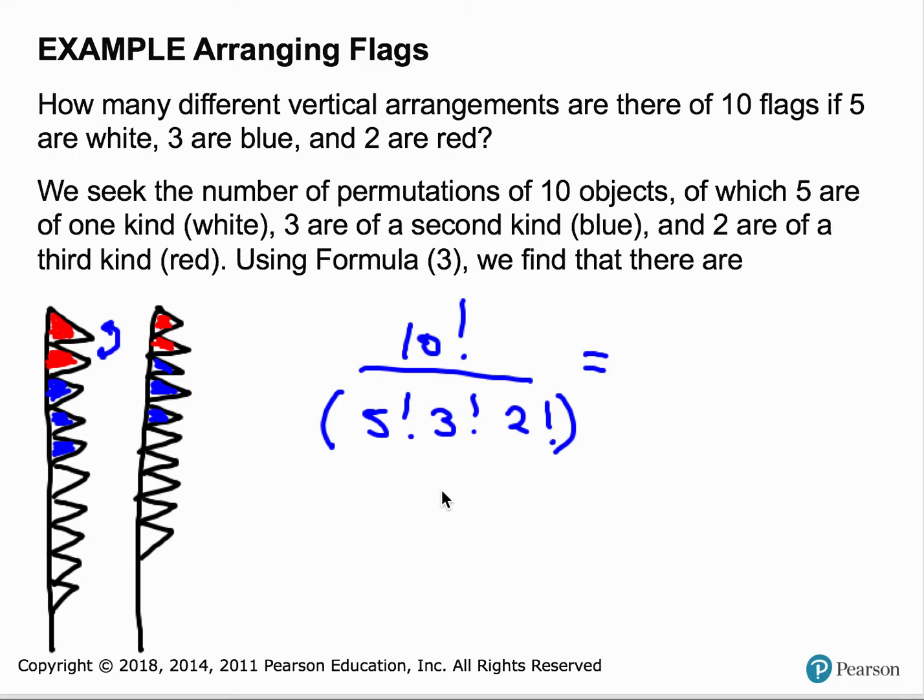Okay, so let's do it. 10, go into your math, factorial, divided by, don't forget your parentheses, 5 factorial times 3 factorial times 2 factorial.